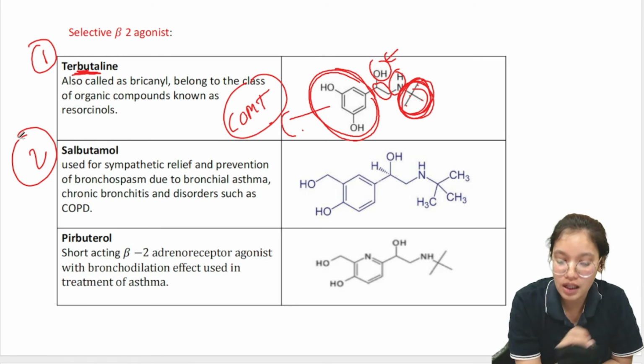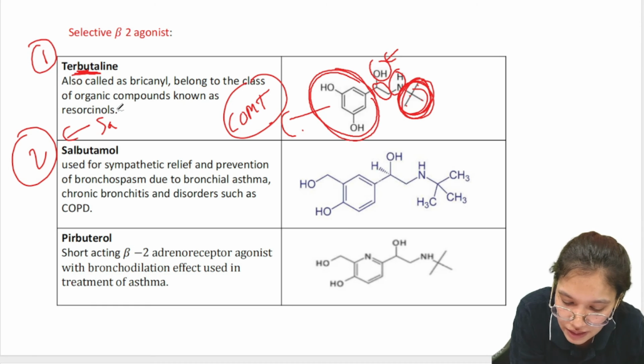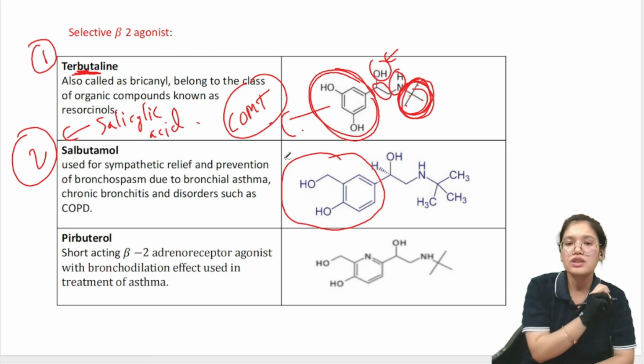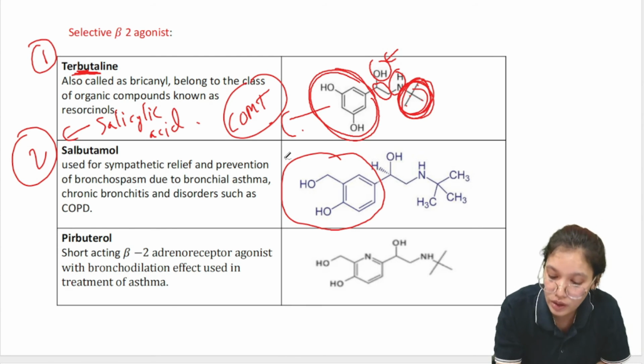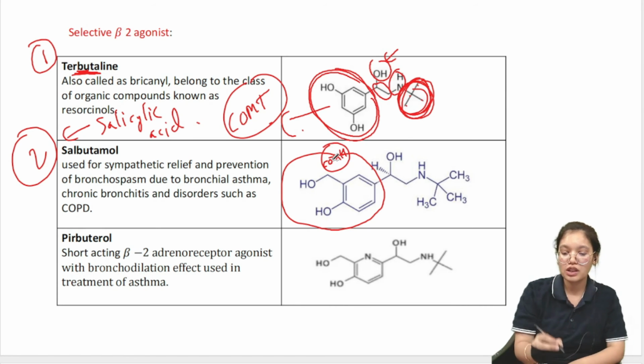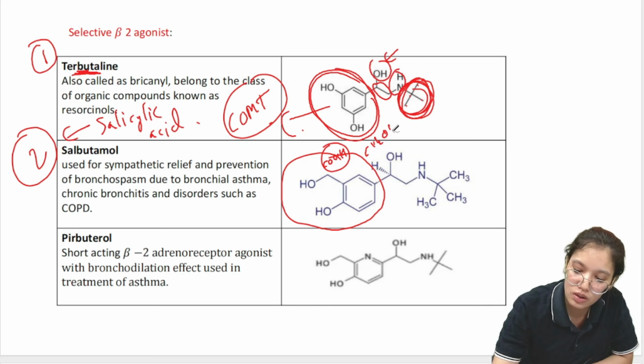Now second is salbutamol. For salbutamol, from sal we can say salicylic acid. So this structure here is almost similar to salicylic acid. In salicylic acid, here we have COOH. In place of COOH, we have here CH2OH.